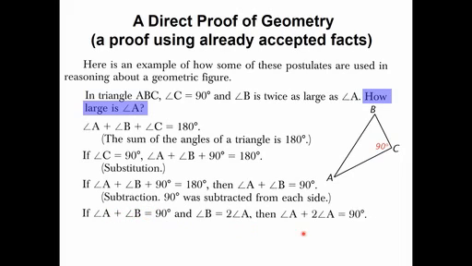Instead of an angle B, we have 2 angle A. The right side is the same, 90 degrees, so what happened? Well, we took the fact that angle B was equal to 2 angle A. Wherever we see angle B, we just what? Substitute it in for the angle B. So we use substitution as our reason.